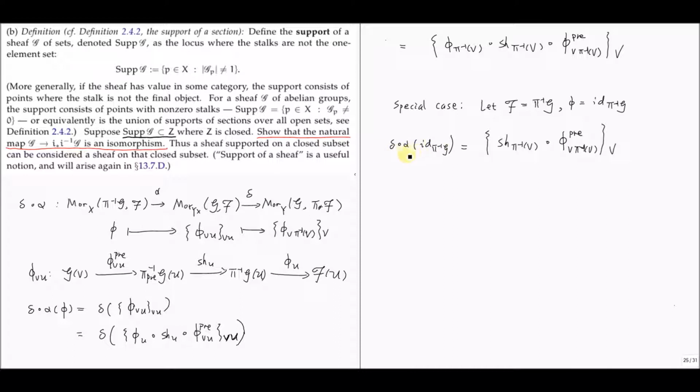And this map will be a map from G to pi star of inverse of G. And this is how we get this natural map stated in this problem. Now let's go back to this problem.